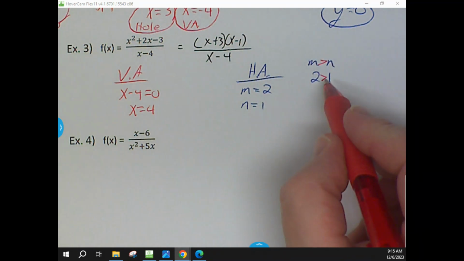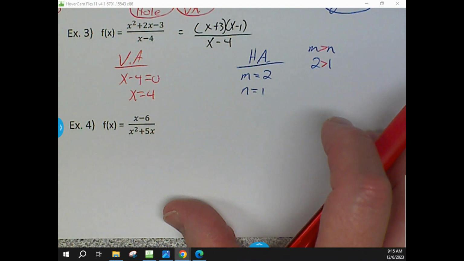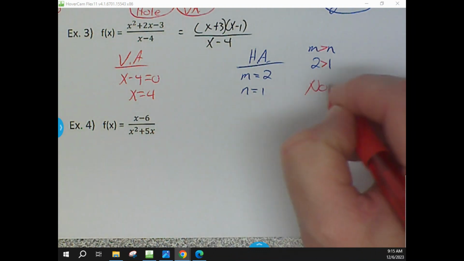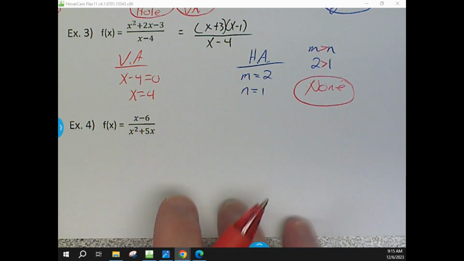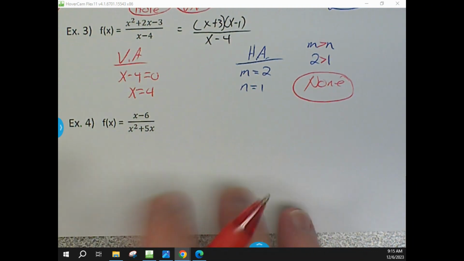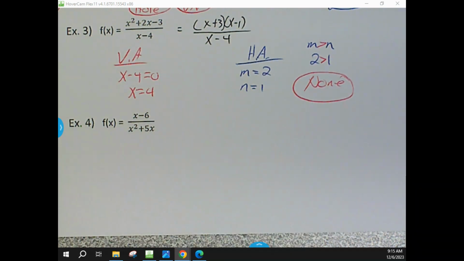And if it's greater, this is where y'all kind of go, yay, there's no horizontal asymptote. That's a slant asymptote. Now, if you're in pre-cal, then you actually go in and find that slant asymptote and figure out where it's going to be. But for this part, we're just going to say there's not one there. We know it's going to be a slant asymptote, but we're not going to worry about it. We'll just move on.